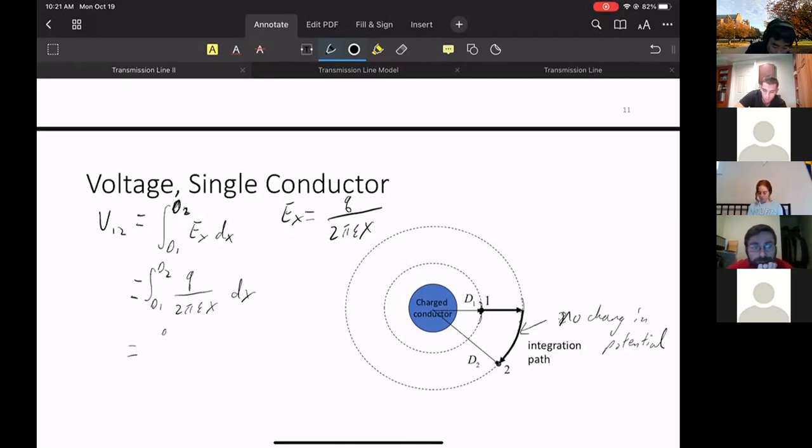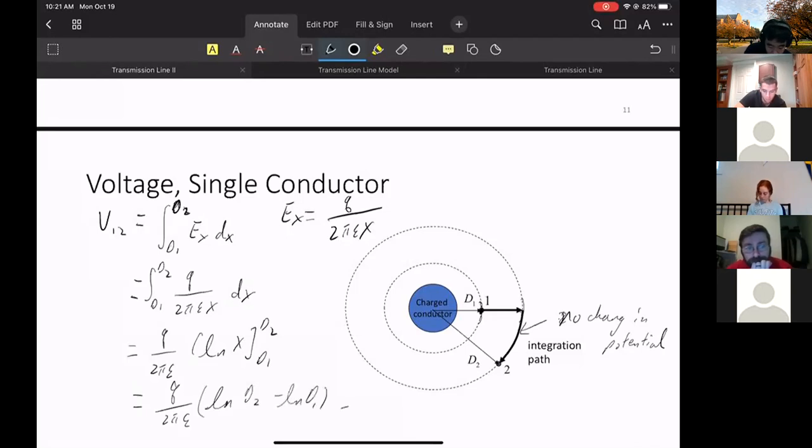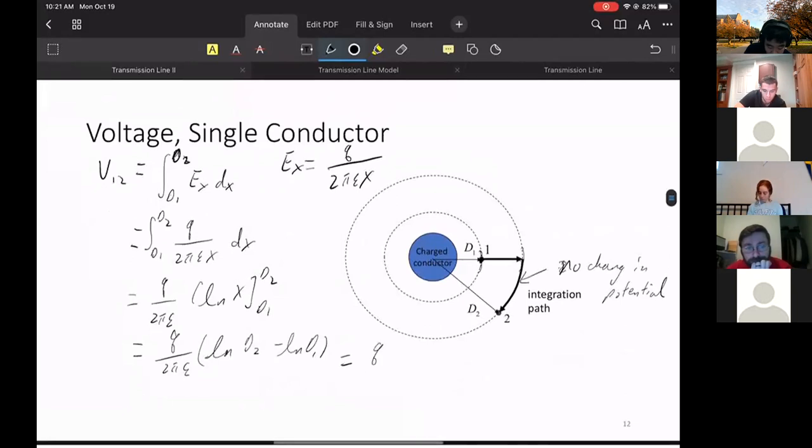So this is Q over 2 pi epsilon times log of x evaluated from D1 to D2. So we get Q over 2 pi epsilon times log of D2 minus log of D1, or equivalently Q over 2 pi epsilon times log of D2 over D1. So this is where the log shows up.